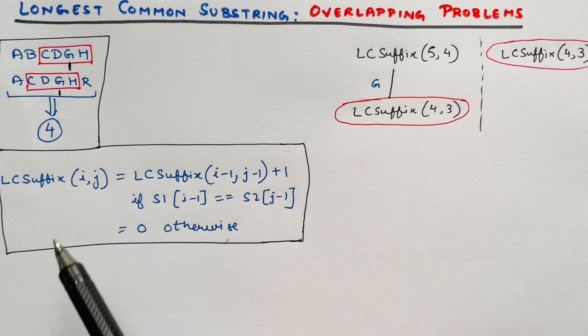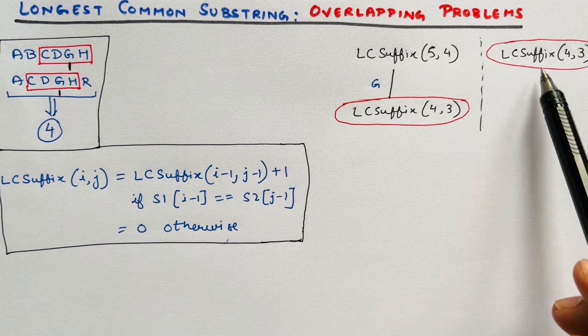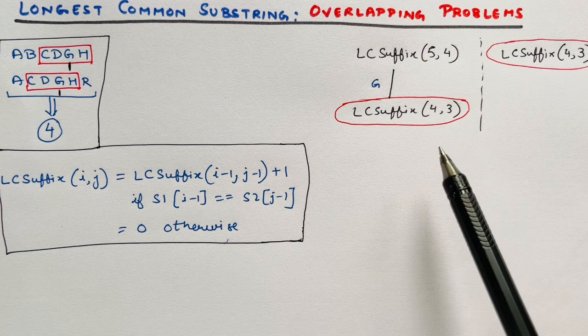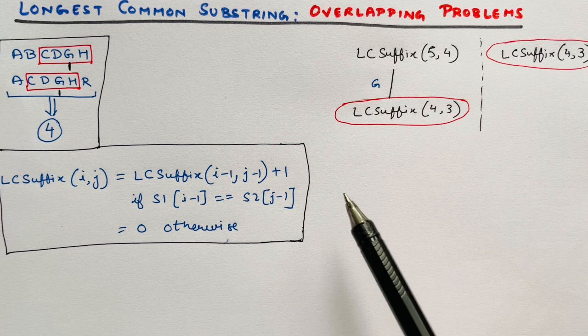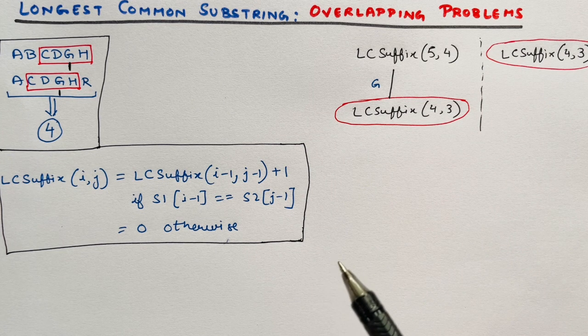But since we are already in a loop calling for all i and j, we will be calling the longest common suffix for 4, 3 separately as well. Now this is a duplicate calculation of the same problem. This is inefficient. We should not do that. So how can we solve this?